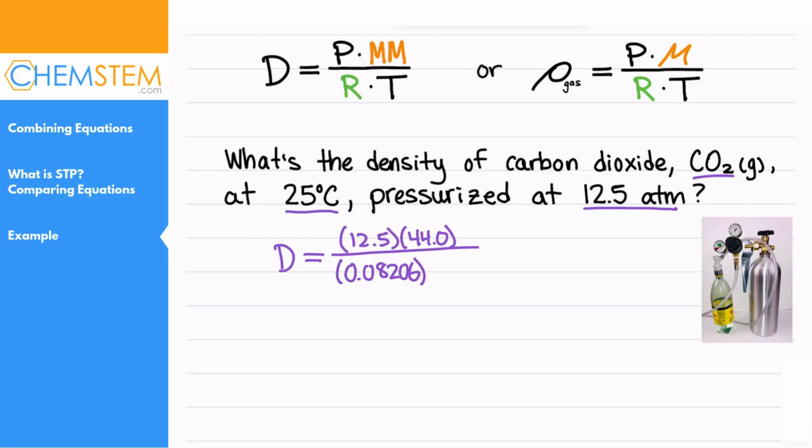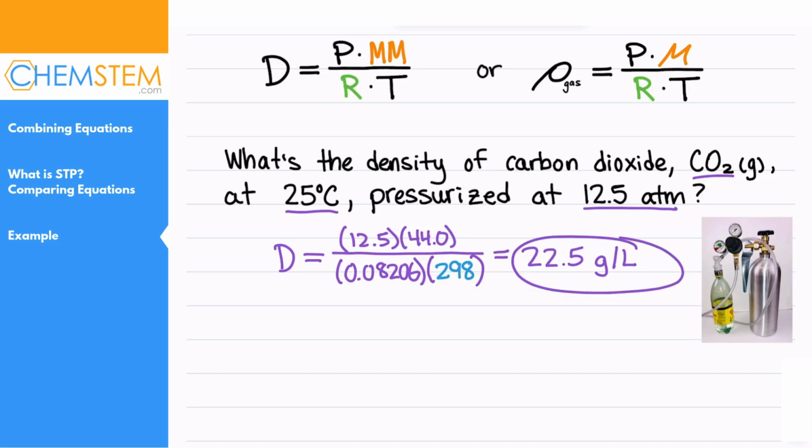We need to convert the 25 degrees Celsius into the right temperature. So to do that, we're going to do 25 plus 273. And that's because if you have a temperature in Celsius and you add 273, that'll give you the temperature in Kelvin. So that's going to be 298 here. And when you do all your math, you get about 22.5 grams per liter. So that would be the density of carbon dioxide under these conditions.